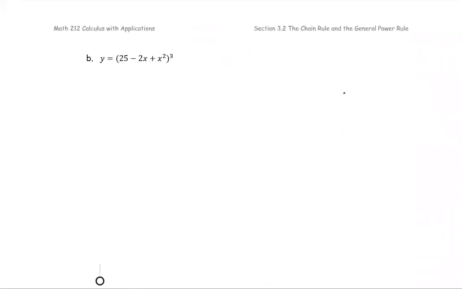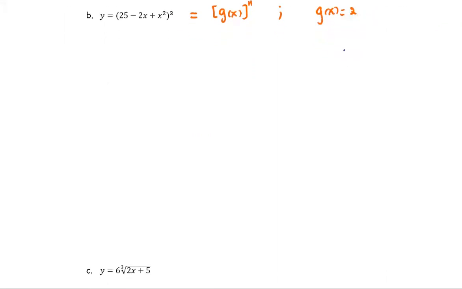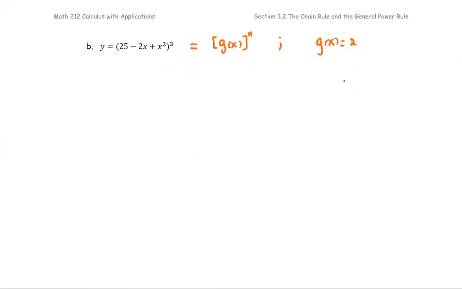For the next example, we have the function y in the form of the quantity 25 minus 2x plus x squared, to the power 3. You can see this as the function g raised to the power n, where g(x) is 25 minus 2x plus x squared.